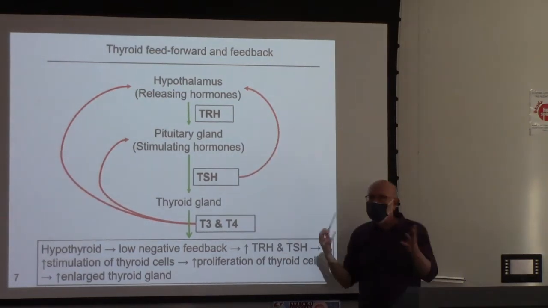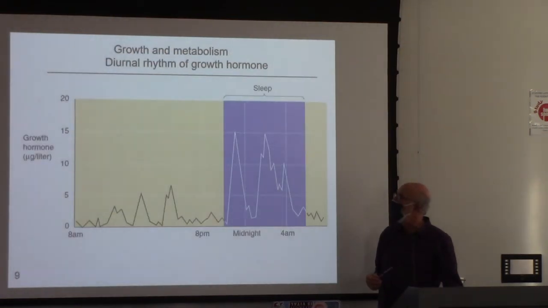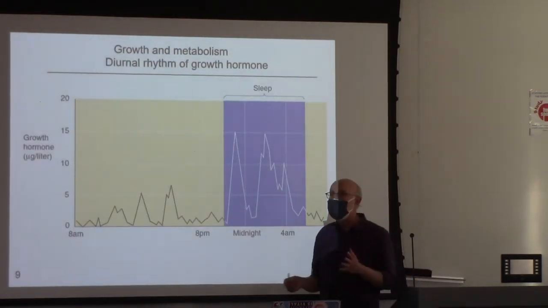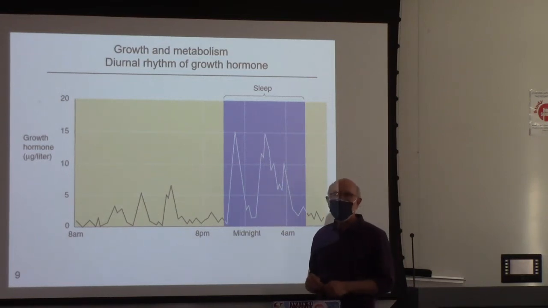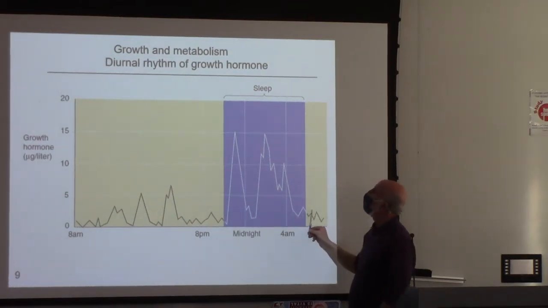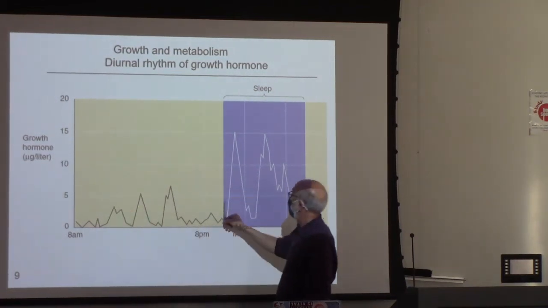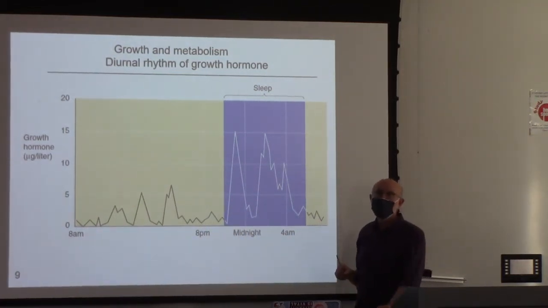The hypothalamus is integrating information from the body and from the environment. And one of the things that the hypothalamus does is it detects when you're awake and when you're sleeping. You can see that the release of growth hormone is stimulated by sleep.